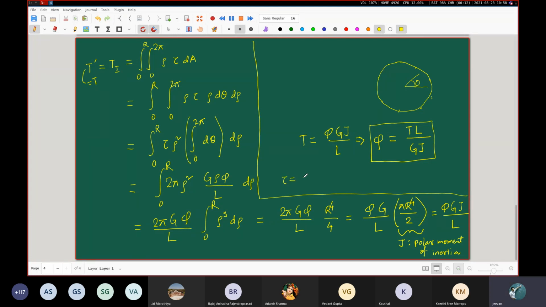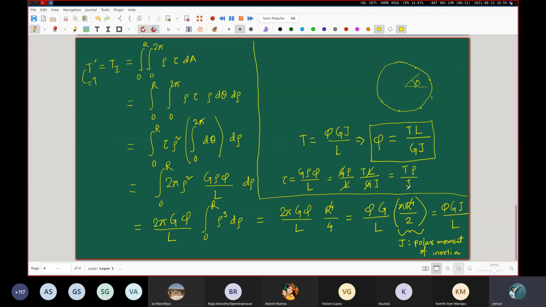So tau is equal to G rho phi by L, which is G rho by L, and phi is TL by Gj. So G and G cancel, L and L cancel, and now you have T rho divided by J. So T is given to us because it is the externally applied torque.